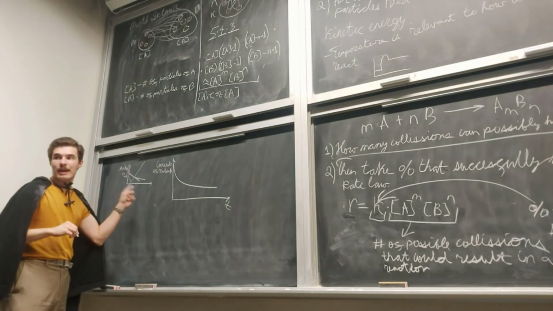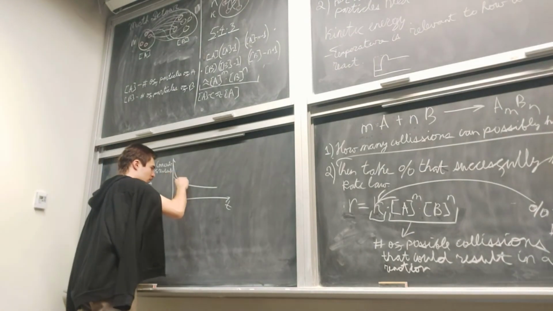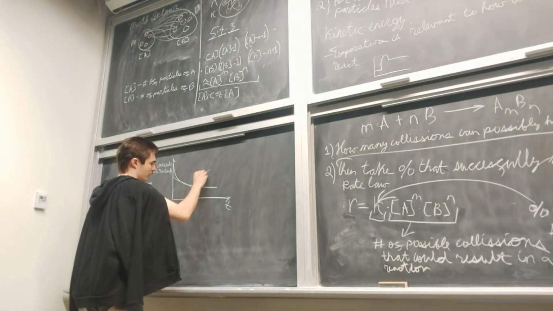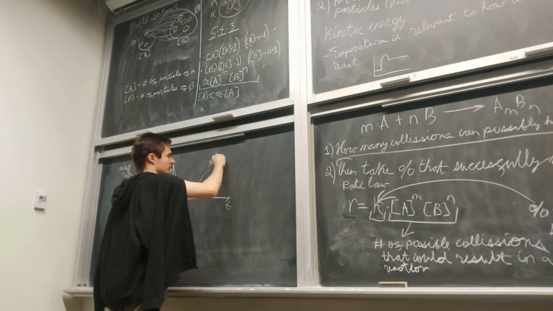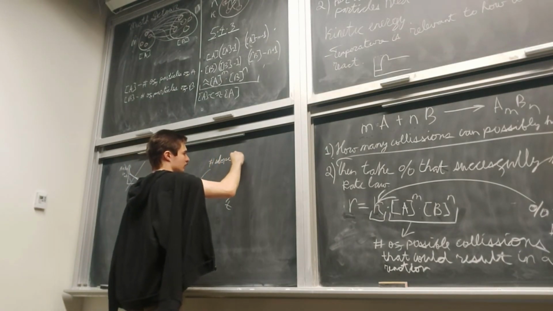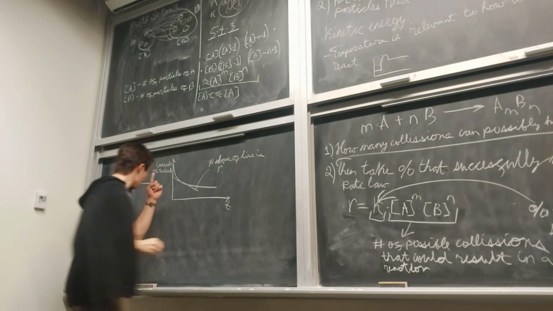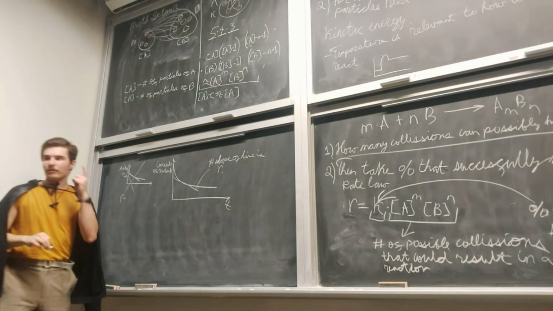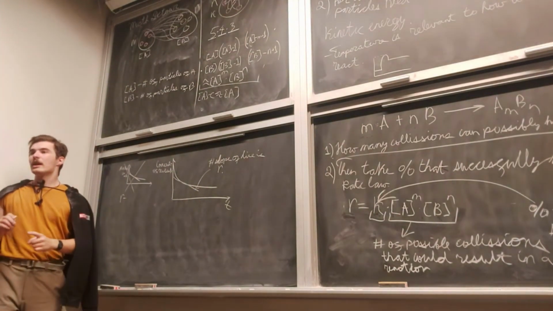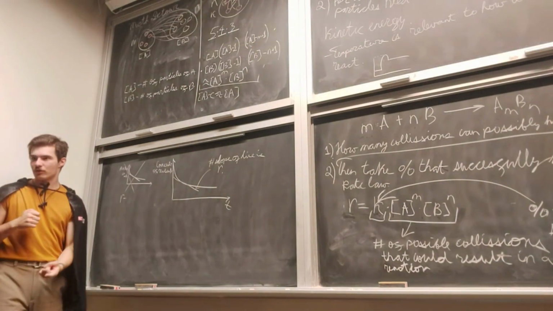Now R is the slope of this new graph. So R has become the rate of change of the concentration of reactants, not the number of molecules of reactants, but the rate of change of their concentration.